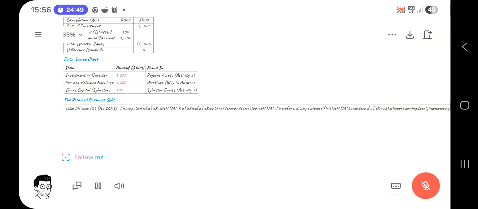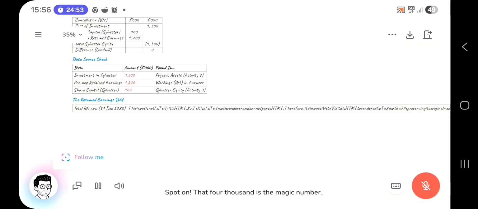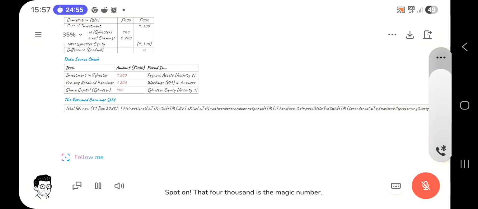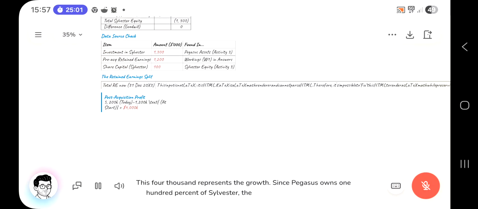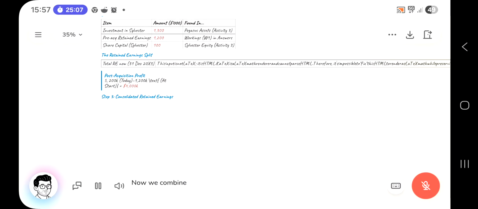Spot on. That 4,000 is the magic number. This 4,000 represents the growth. Since Pegasus owns 100% of Sylvester, the group gets to claim all of it. Now we combine that growth with Pegasus's own earnings to find the total for the whole group.